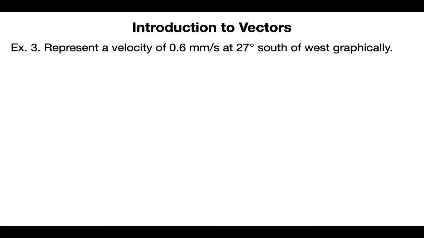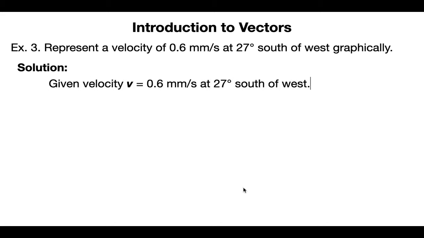Another example: represent a velocity of 0.6 mm per second at 27 degrees south of west graphically. We are given that the velocity is 0.6 millimeter per second in the direction mentioned.